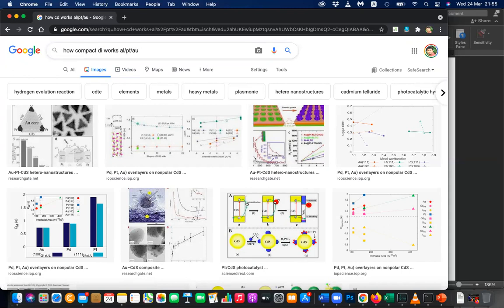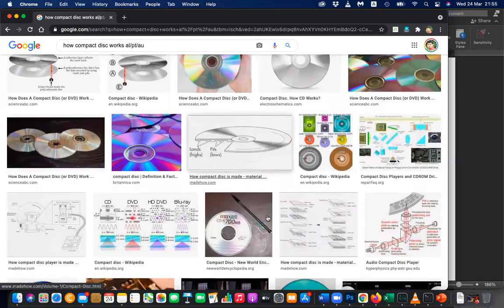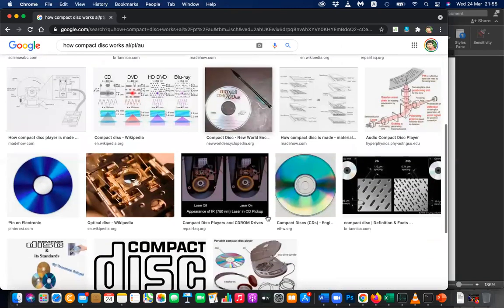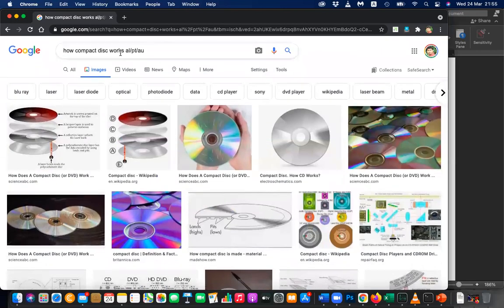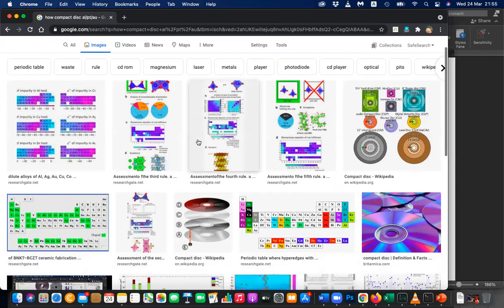Sometimes you can see this in-between layer, but it's not given here.